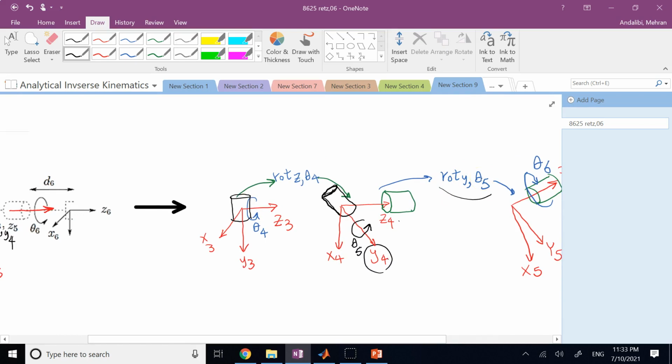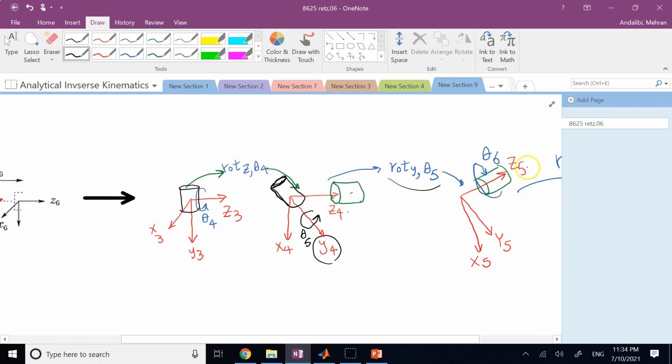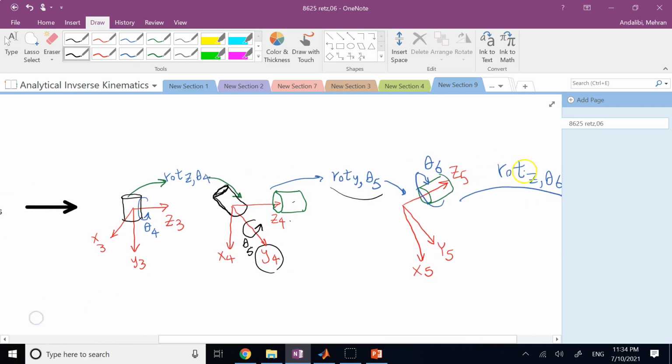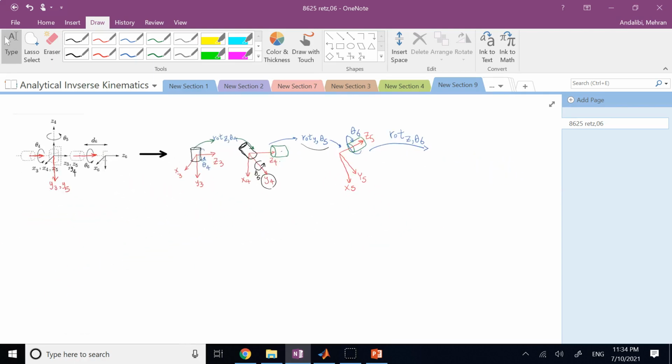So the second rotation is going to happen about the y-axis with angle theta 5. So the next rotation is rotation y and theta 5. And then the last joint, for which the axis was really z4, now z4 is turned into z5, and the last rotation is rotation of theta 6 about z5. So if you look at this sequence and comparison of this, clearly this is the ZYZ sequence.